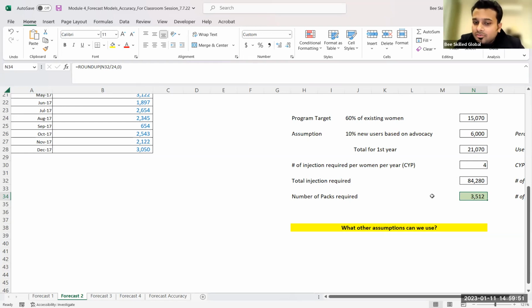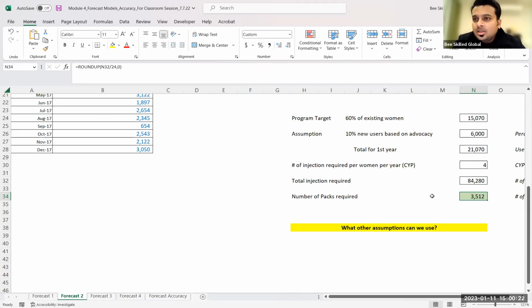I don't know if you have prepared a forecast like this before, but this is also a very common method, especially in family planning program. This is very common in family planning program to use services data. Okay. It can also be used in HIV/AIDS program, people who are on antiretroviral treatment, because it's the same set of people who will keep on coming back.